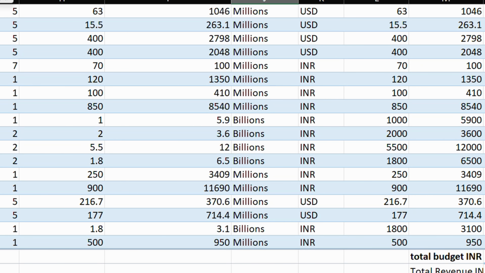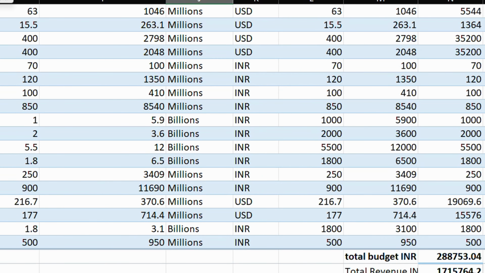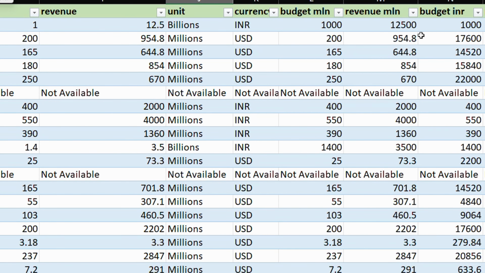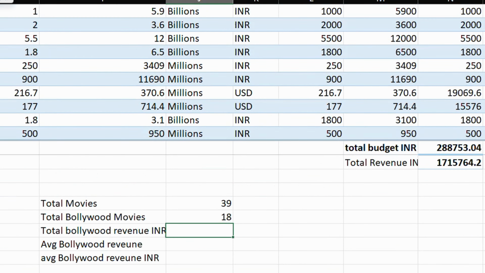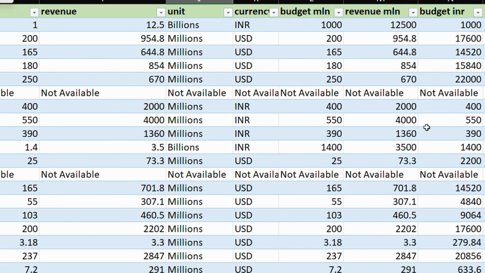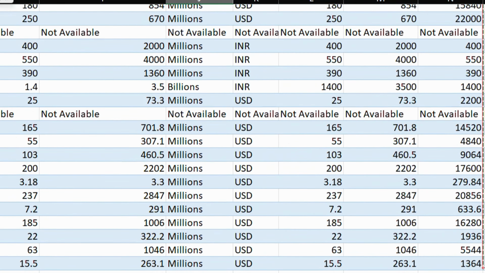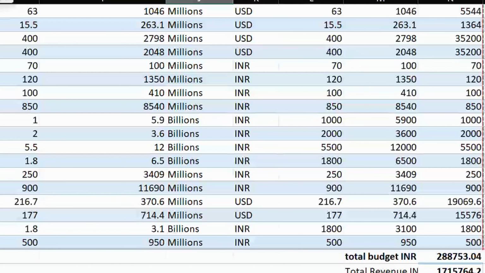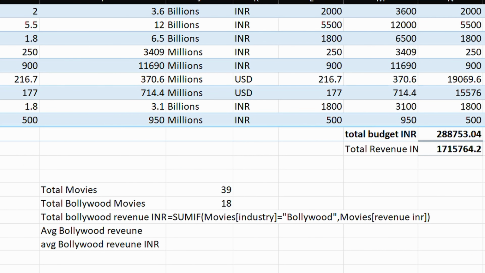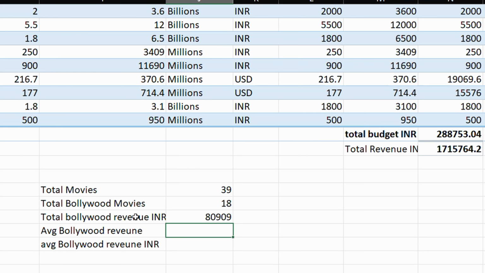What do you have to sum? You have to sum this one, right? We have Bollywood revenue, so the revenue. So here also in this formula you have to modify slightly. Just remove this equal to and press comma here. Now if you press enter, you will get the total revenue in INR.